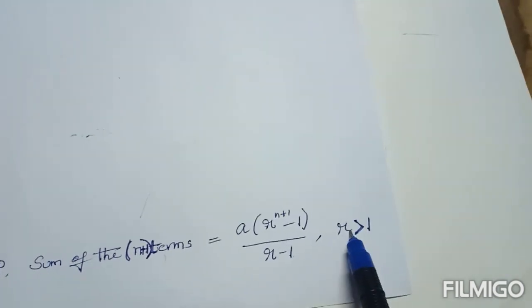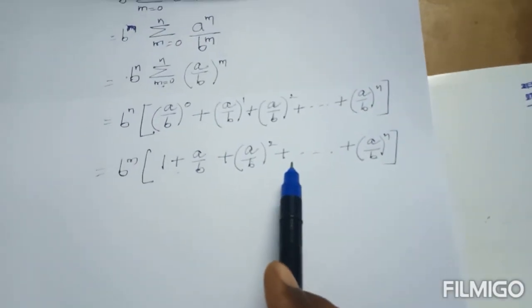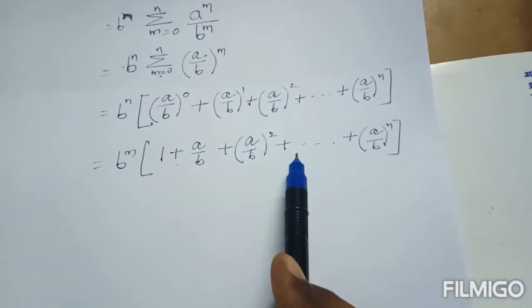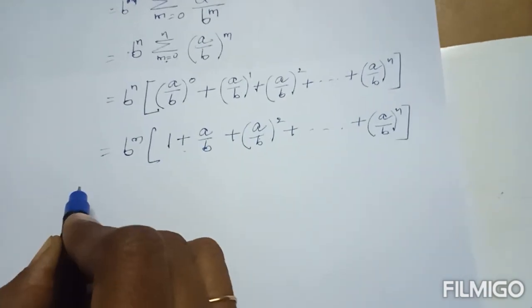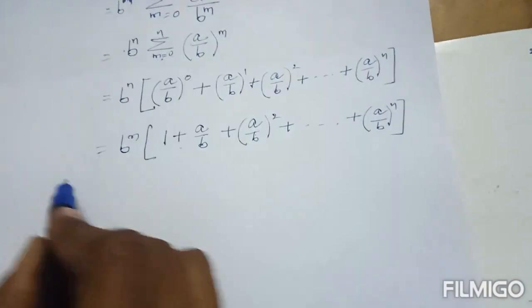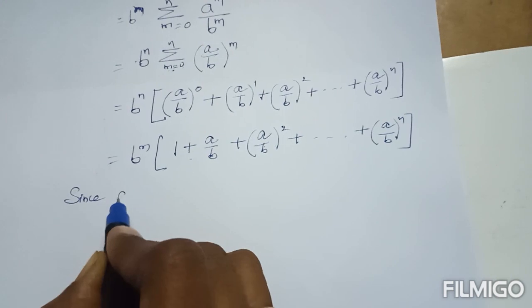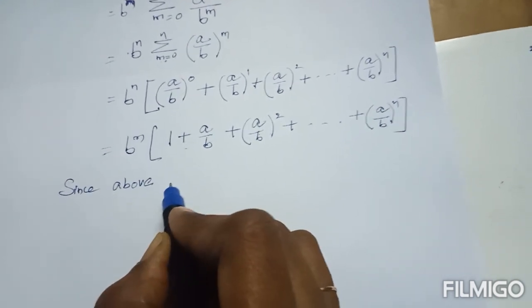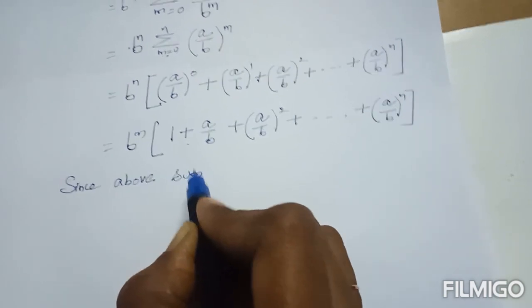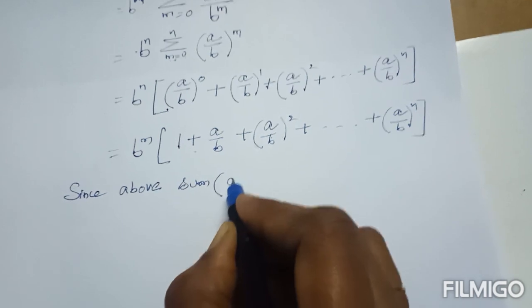According to this formula, we can write the sum of the n terms, where r equals the common ratio. The common ratio is obtained by taking the second term by the first term.